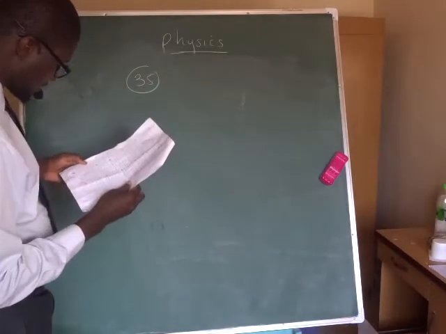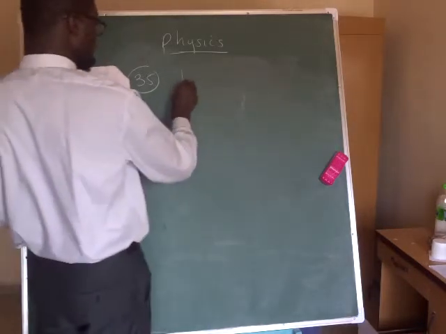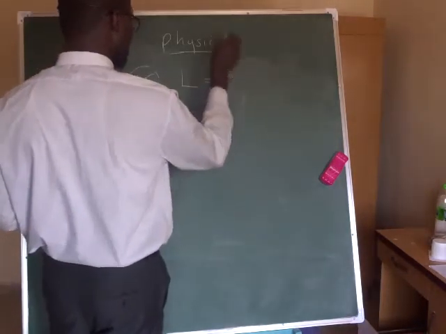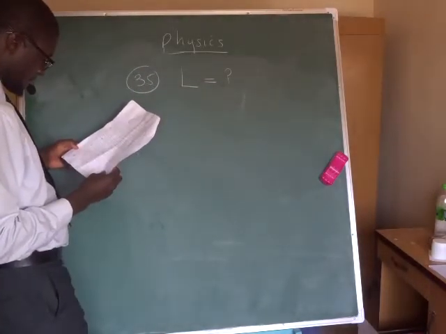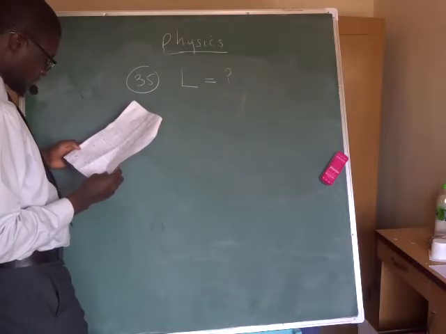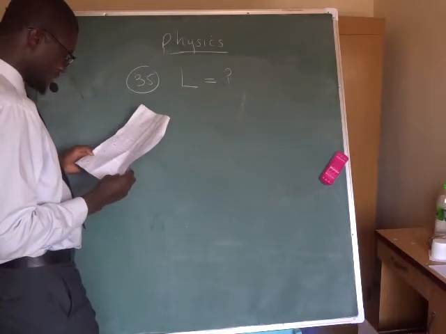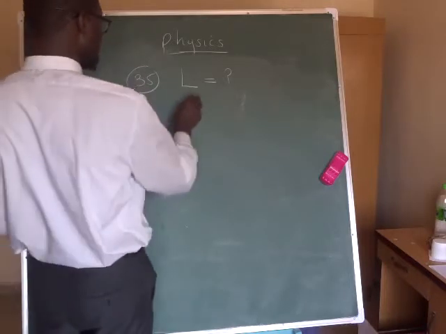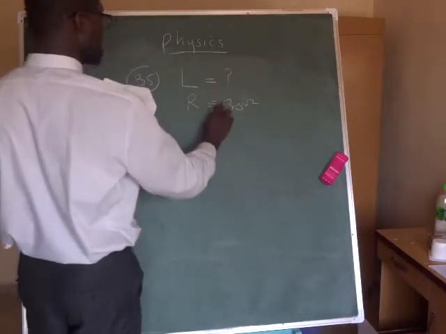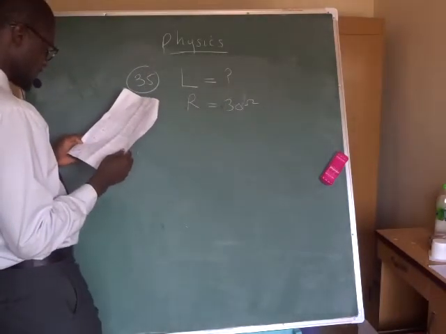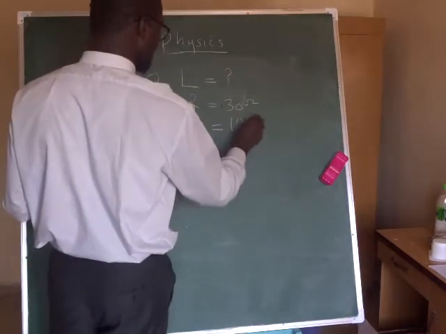Question 35 says, calculate the inductance, which is capital L, of a coil of resistance 30 ohms connected to a 100 volt AC source, meaning my potential difference is 100 volts.